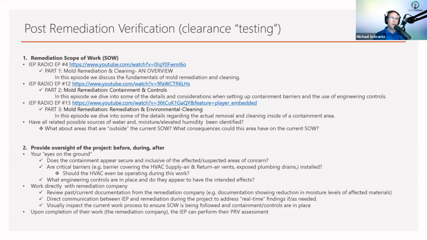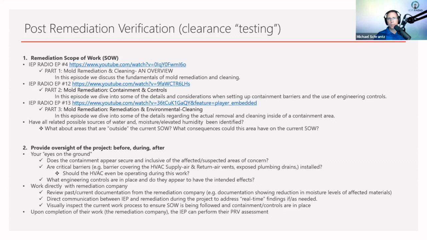Do you have some company out there who set up a containment well, but they are leaving the access door to the containment open, exposing the other parts of the environment as people are just walking in and out without that consideration?